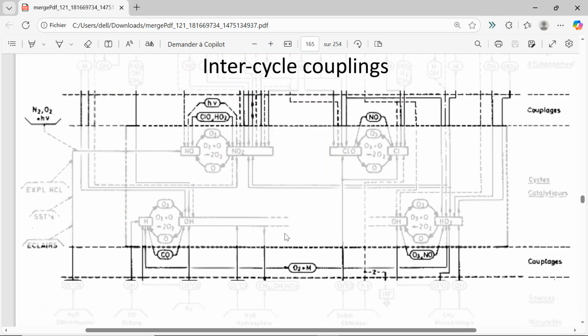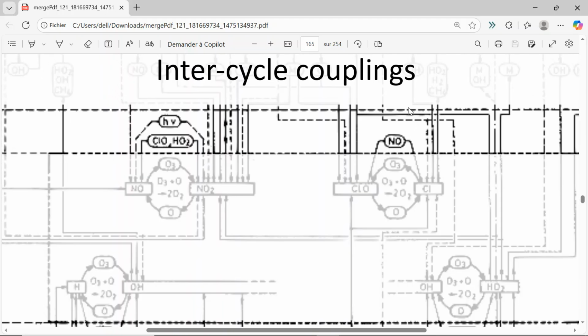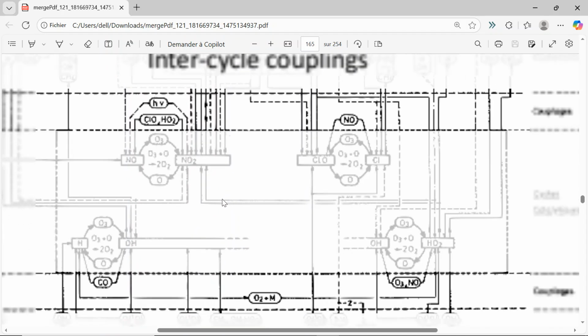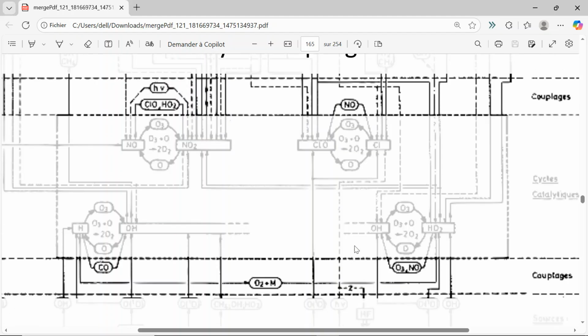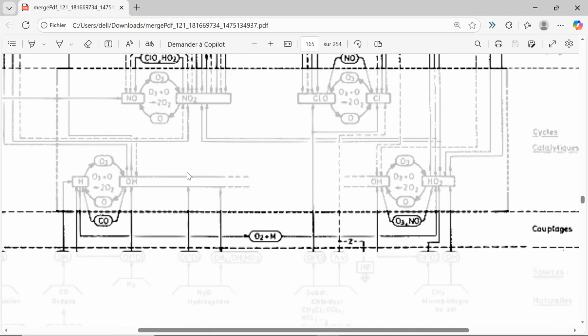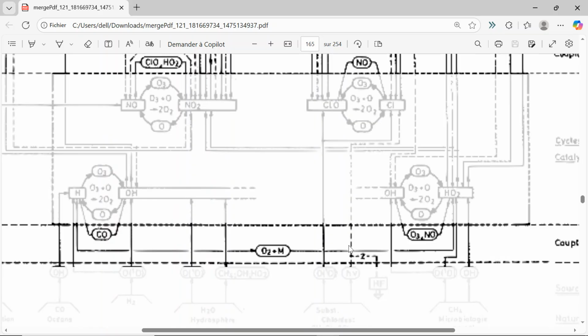Where is the coupling right here? You see that NO is used in this cycle and this cycle also, so they are interrelated. And you see that the ClO is used in this cycle and this cycle, so they are interrelated together. I don't see the direct link right here. This is the OH cycle of destruction of ozone, and we use OH here, but OH here also.